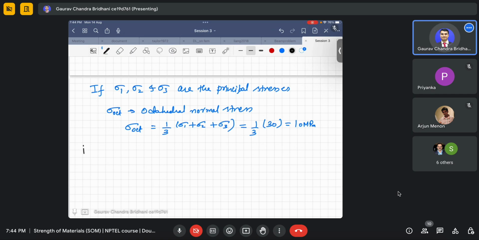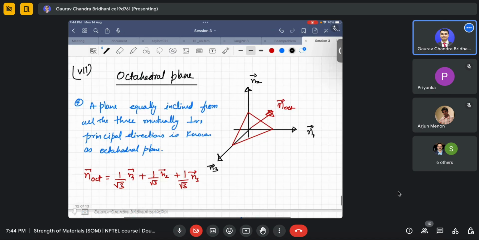Next is the tau octahedral. In this plane there will be a stress vector, T octahedral, which will be decomposed into two components.